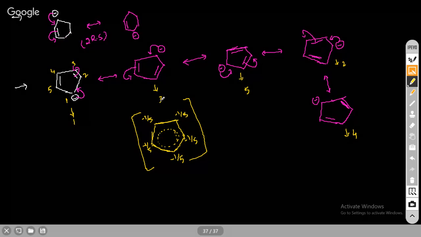RS for the previous one, you can draw it easily. You see, the 6-membered ring is this, and for this minus 1 charge, we put numbers over here: 1, 2, 3, and 4, right? So this minus charge is present on the first and fourth carbon, right?